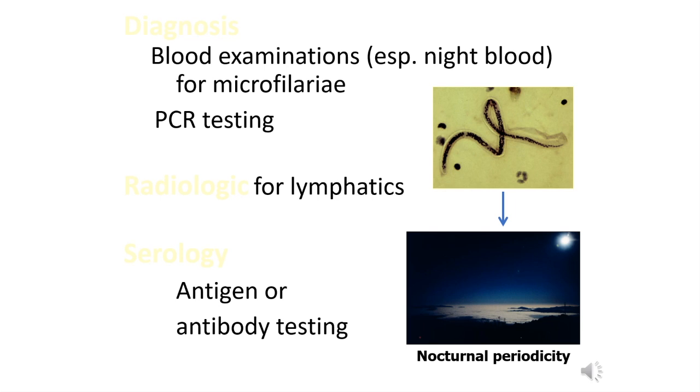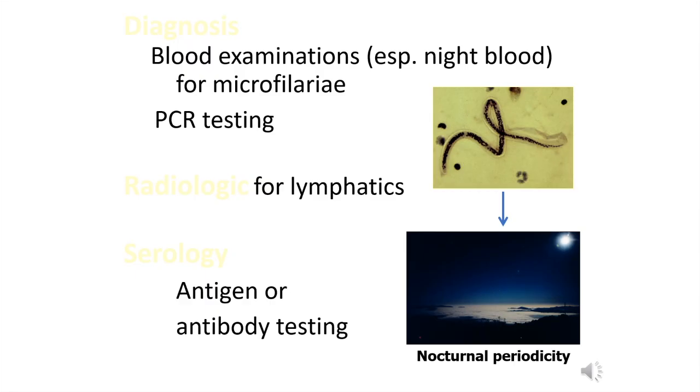It comes to pick up a blood meal from humans at night, and then those parasites would liberate their larvae into the lymphatics and into the bloodstream mostly at night. This is like synchronization between the vector and the parasite. Hence, we would have nocturnal periodicity like you see on this slide. With those lymphatic filariasis agents, we have nocturnal periodicity.